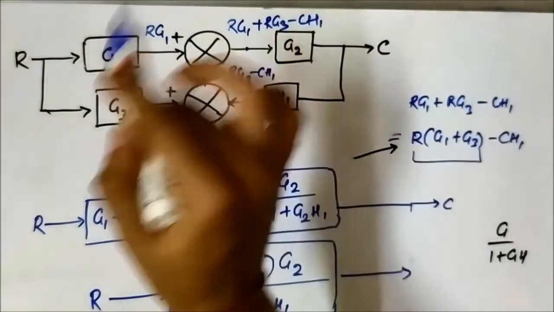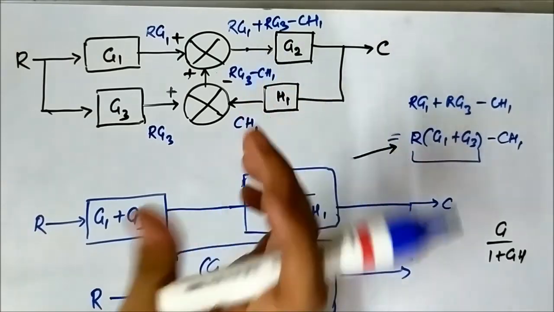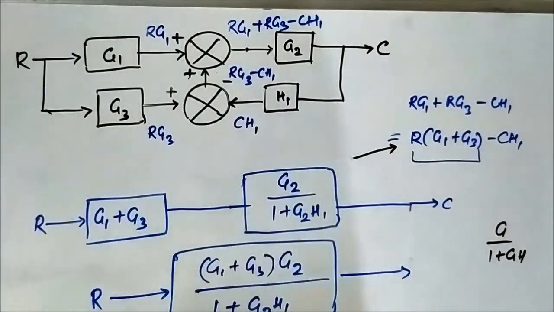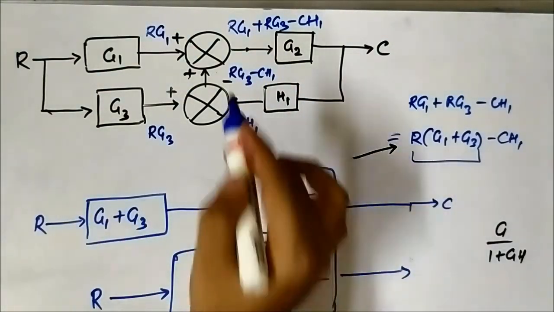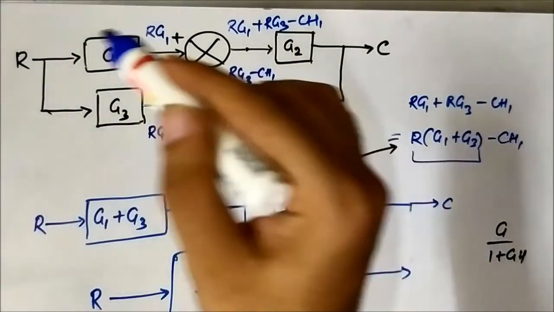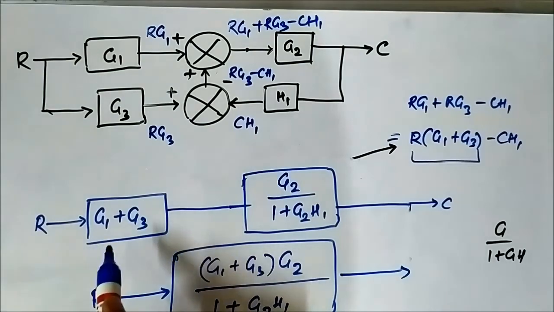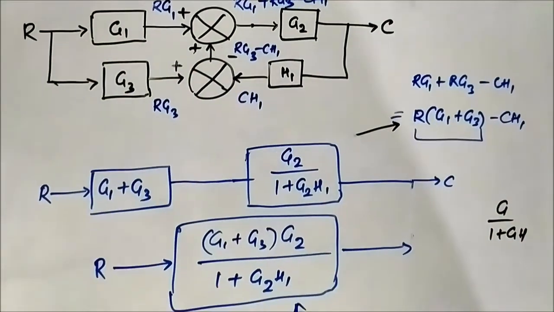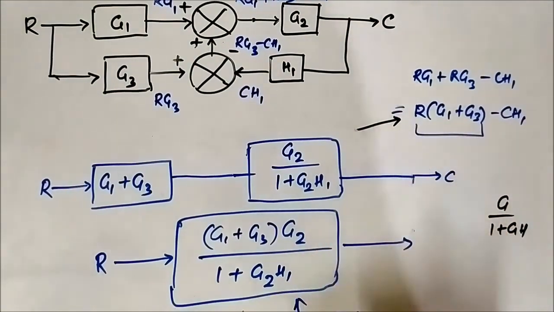When the signal is consistent, no matter how you arrange the block diagram, it will be the same. So we redrew the block diagram so that we could easily apply the block diagram reduction rules. So this is the transfer function.